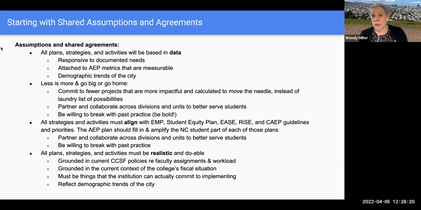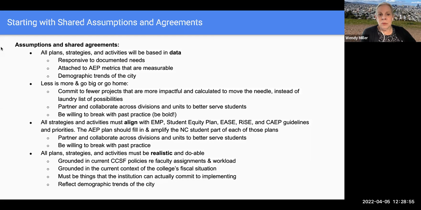Okay, so first off, before I even started this planning process, not this past fall, but the previous fall, knowing that a 3-year plan was coming, I wrote to myself a memo about what are the assumptions and shared agreements that I needed to have with people I was talking to about the planning process. And this is actually lifted from a Google Doc, which I shared with everyone about what those agreements need to be.